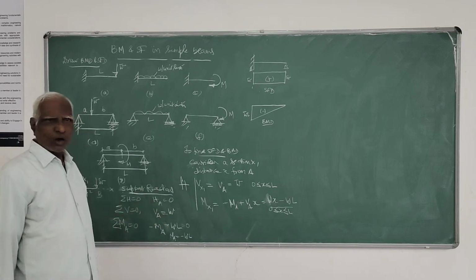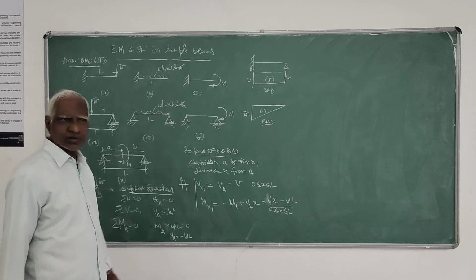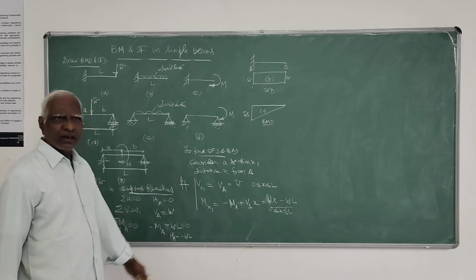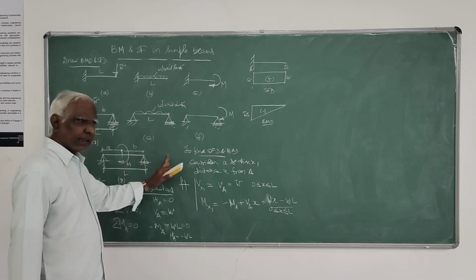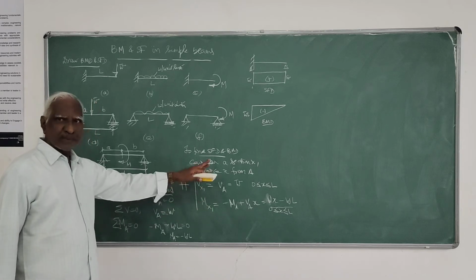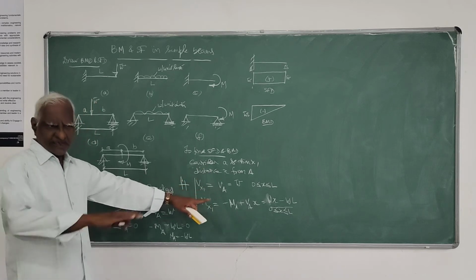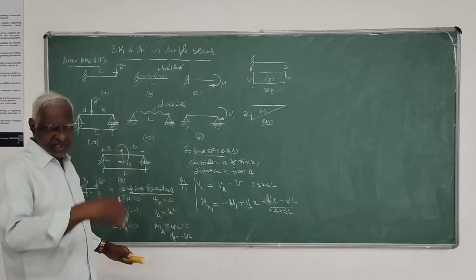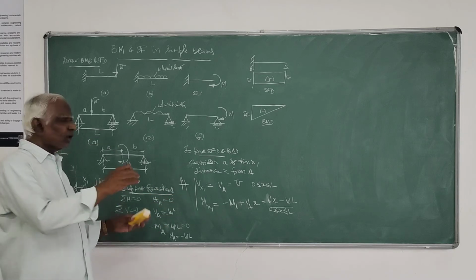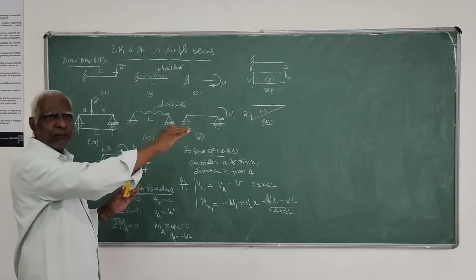That's the principle of how to draw the bending moment and shear force diagram for a given loading. You have to go on selecting a section first, then getting the equation, observing the equation, whether it is constant form, straight line variation form or second degree variation form. So in that section you plot it.